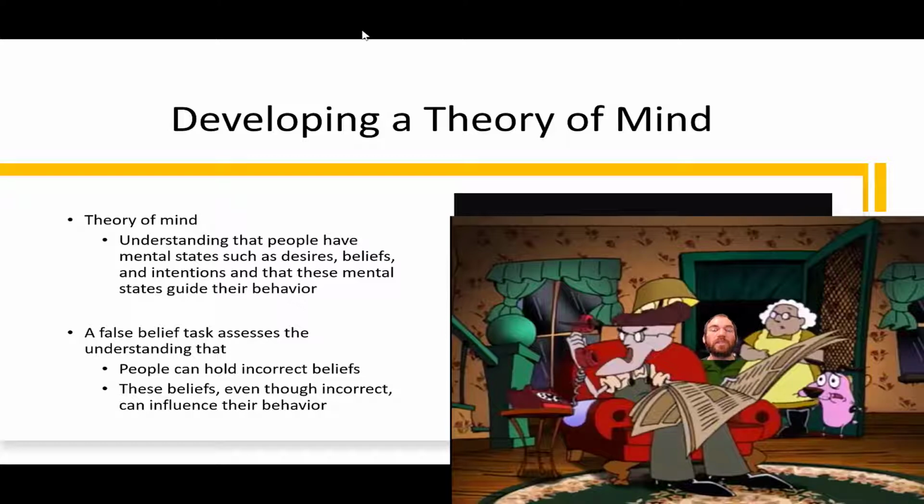So you would expect Sally to look in the place where she left it, that is the toy chest. However, the idea here is that children will not recognize that Sally doesn't have the same information that they have, aka that Sue moved the toy from the toy chest to under the couch.